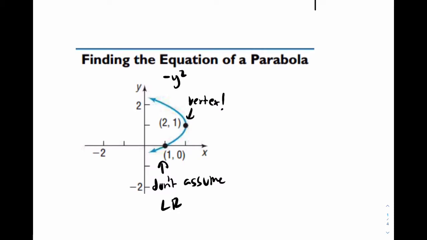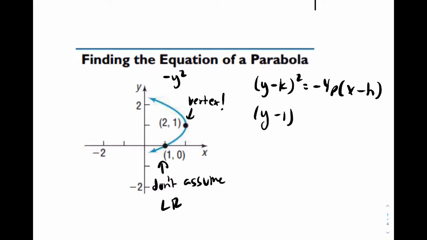Which means, for our equation, we can start here: y minus k squared is equal to -4p times x minus h. We have the vertex, let's plug it in. That's y minus 1 squared is equal to -4p, and this would be x minus 2. So notice we're pretty close to the formula. We just don't know p.